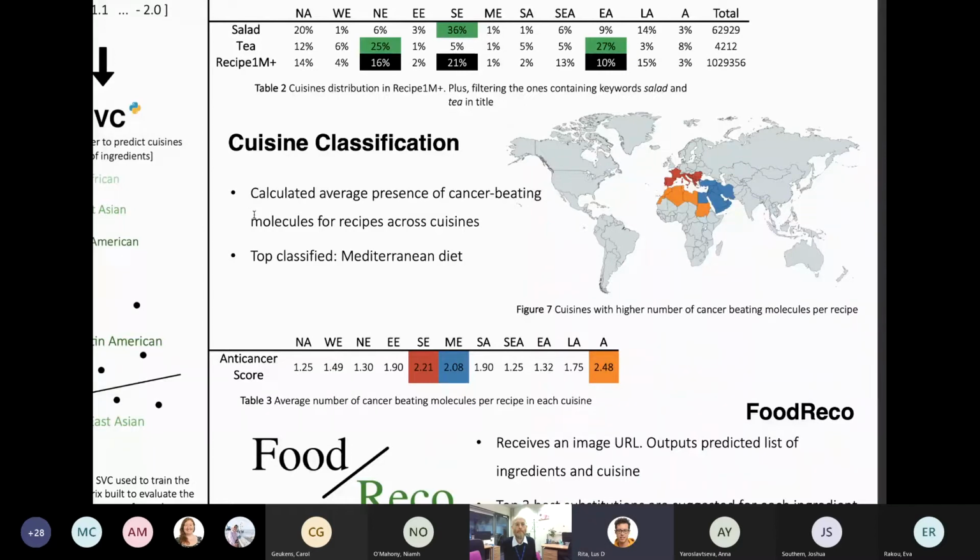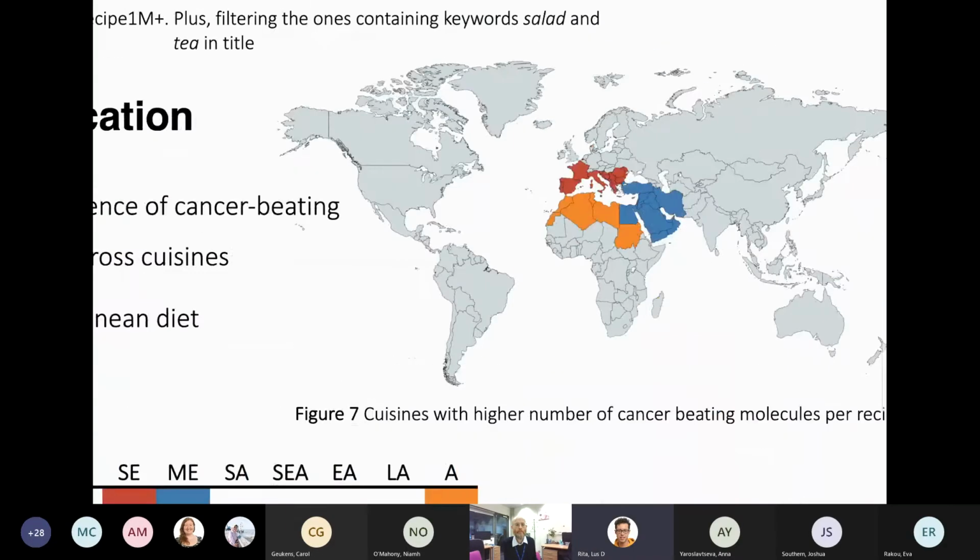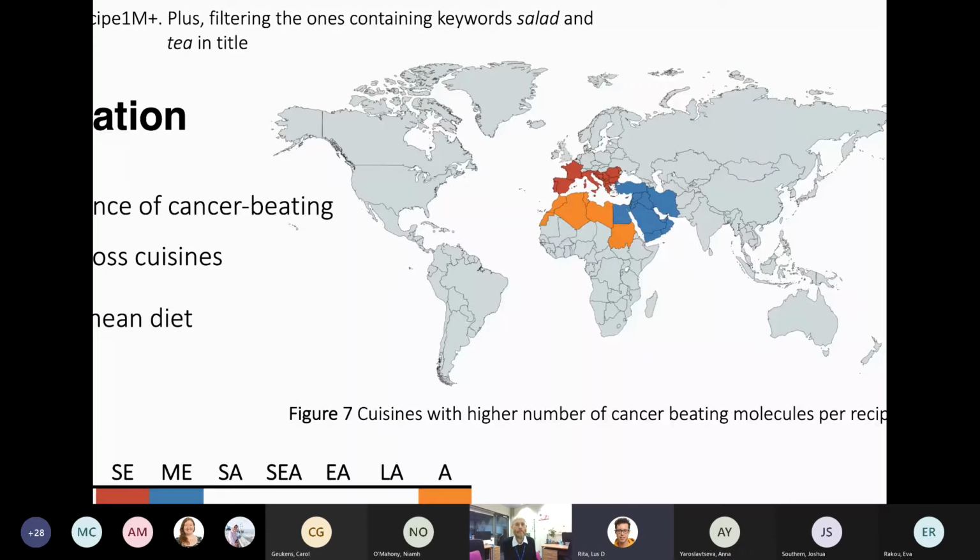By processing each one of the recipes in this data set, which are recipes from around the world, we managed to extract the cuisines that each one of those recipes belongs to, and build them up, where it was identified on average which cuisines have the highest or the lowest number of recipes with ingredients, with molecules, with cancer-beating or COVID-19 or any other beating properties.